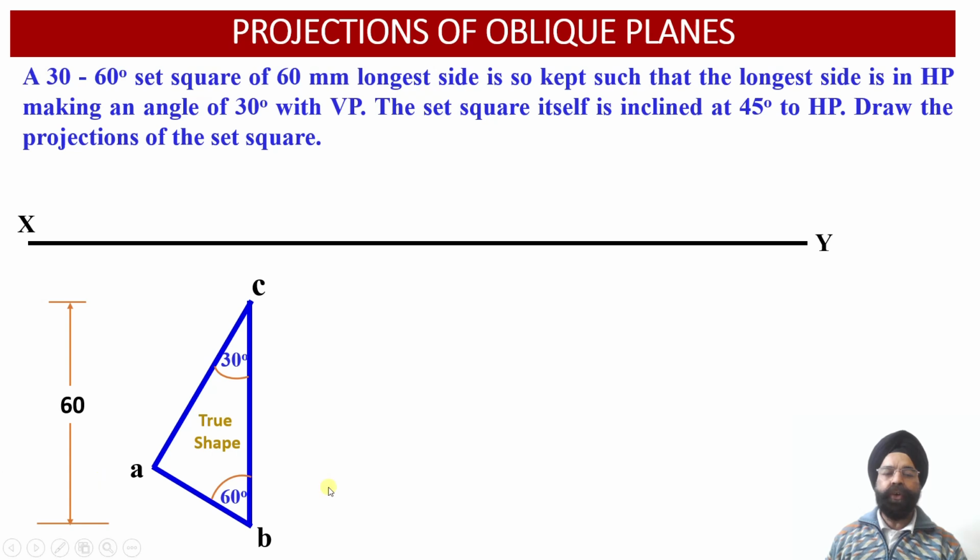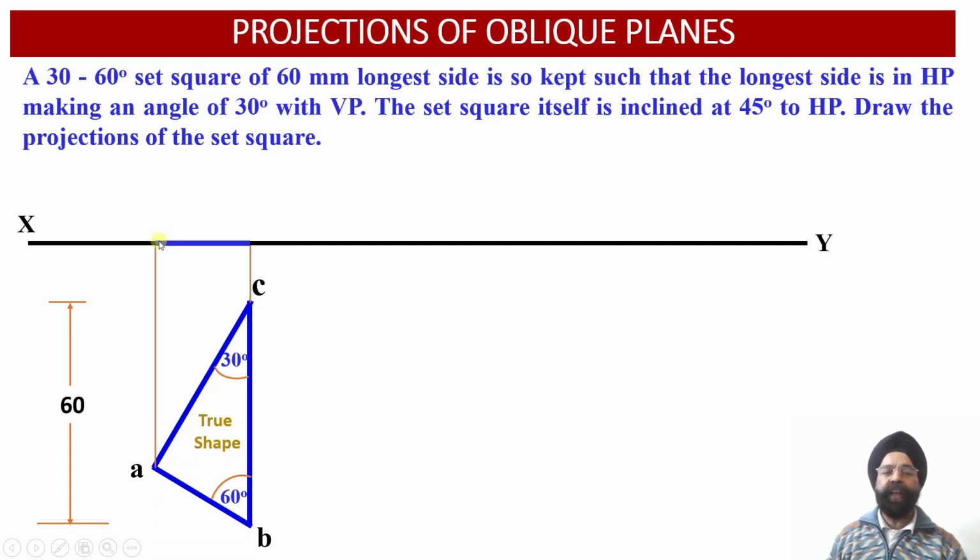So what we are going to do is look from the front direction, and in the front view we are going to obtain the edge view of this lamina corresponding to the 3 points A, B and C, and the front view projections will be lying on the horizontal plane, or on the XY reference line. From point A, point B and point C, we draw the projectors and extend them till they intersect with the XY reference line over here.